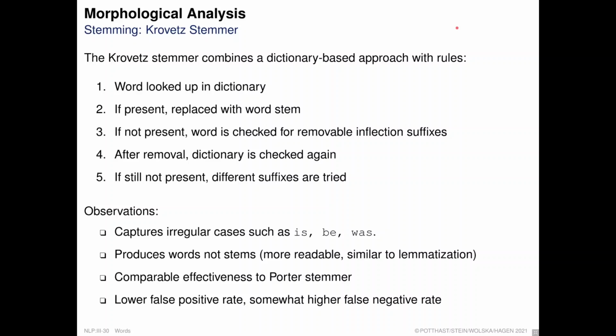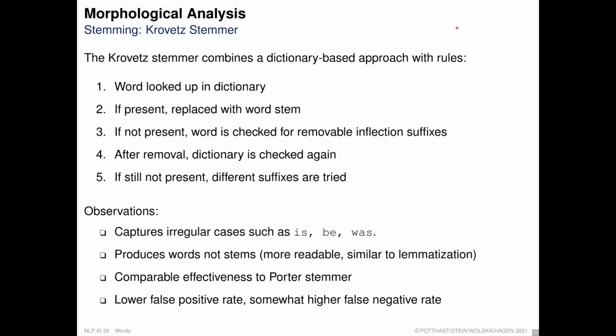Another type of stemmer, an approach to stemming, combines basically these two approaches, the dictionary-based approach and the rules. So there are two resources. A word is first looked up in a dictionary. If it's found in a dictionary, then the dictionary analysis is taken as the analysis.